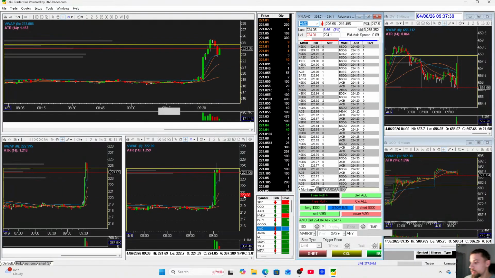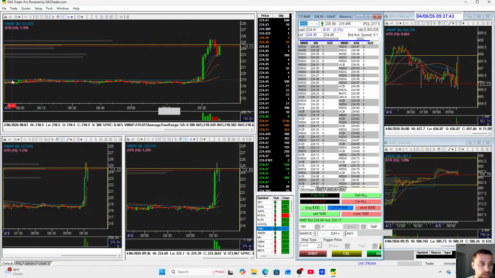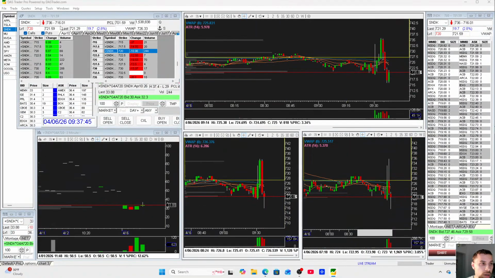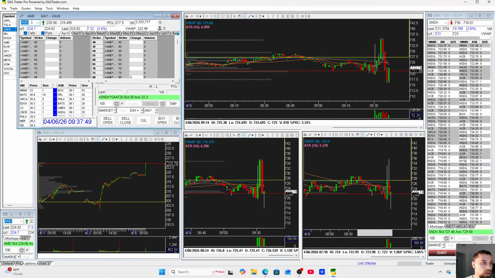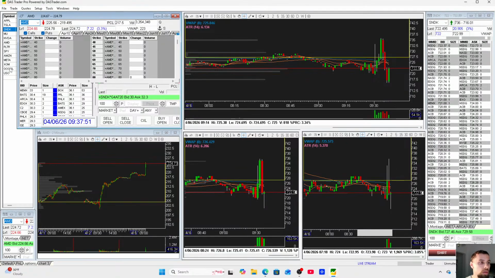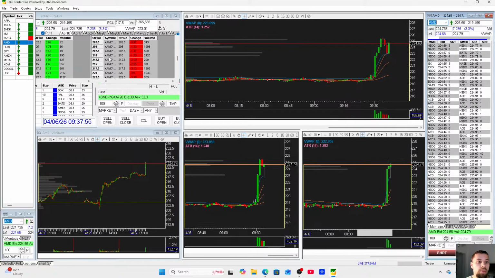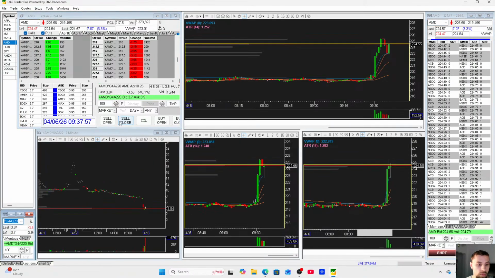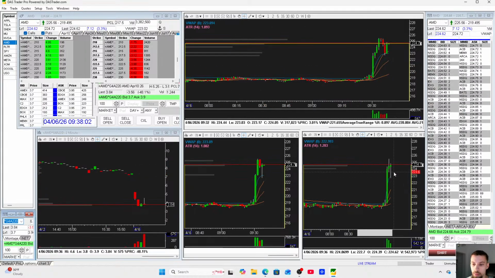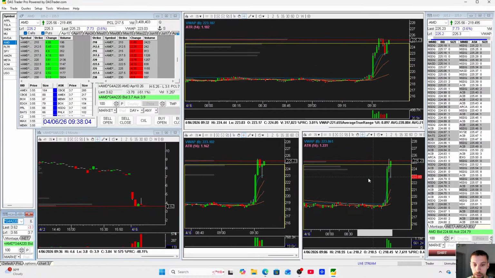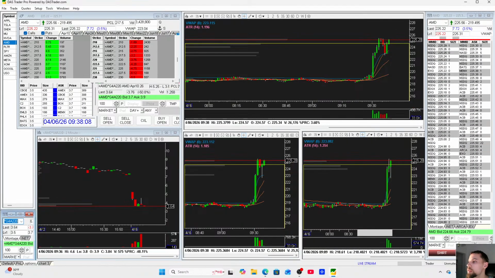So AMD is interesting. It's trying to get bought back up here. Three-minute here, you can see 2-minute pullback. Trying to launch up.